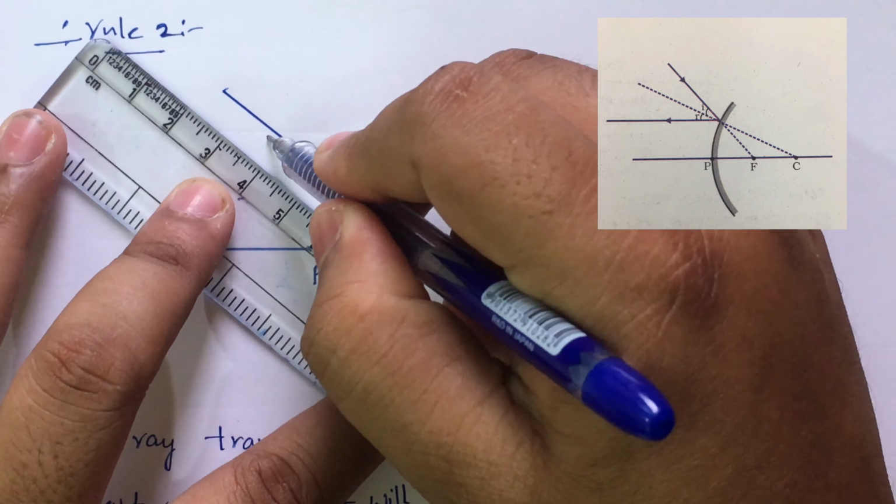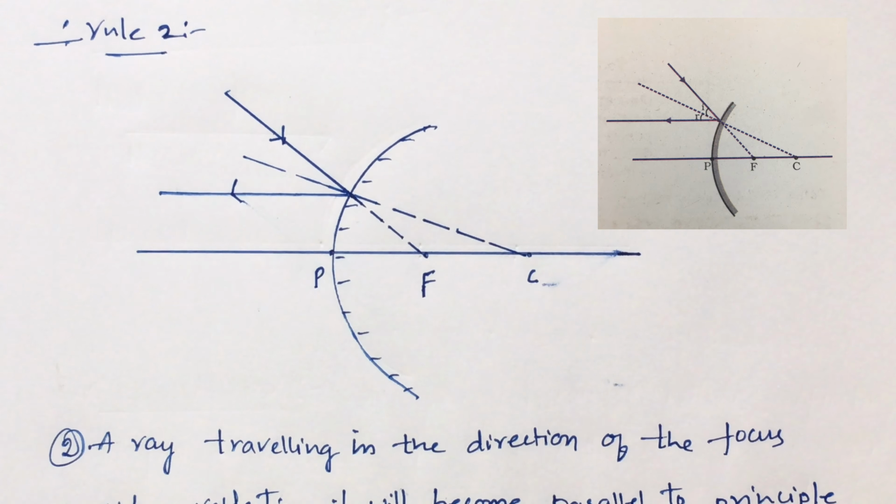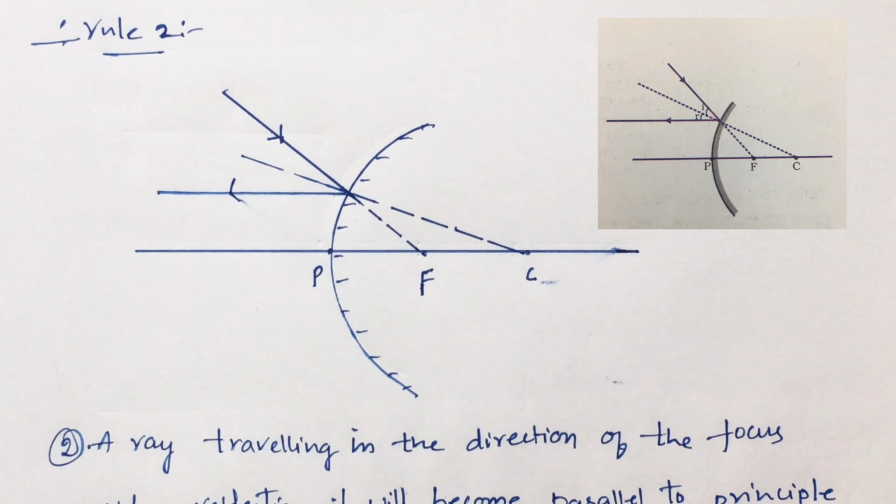A ray traveling in the direction of focus, after reflection, will become parallel to the principal axis. Then how do we draw the normal line? This is how we draw the normal line, children. Is it clear, children? This is rule number 2. Now let us move to rule number 3.